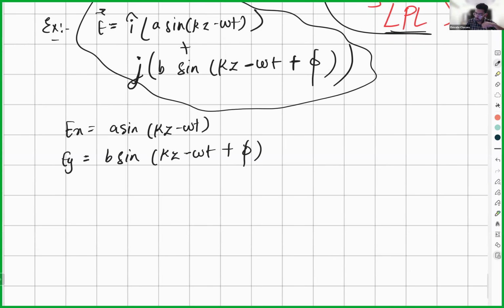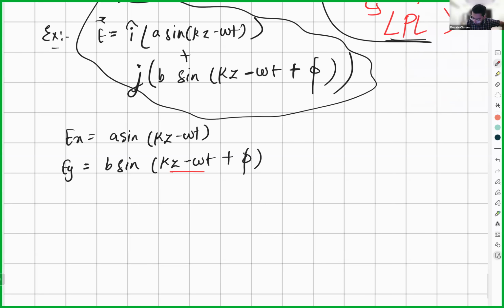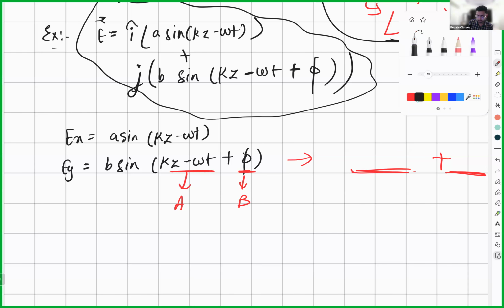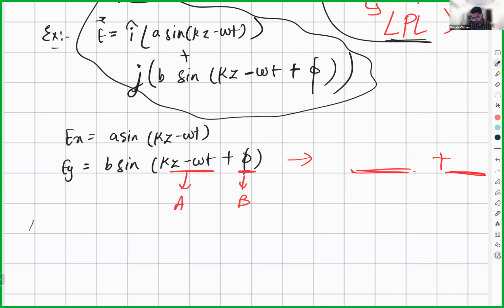So again, what I do is I treat this as A, treat this as B, open it up, you will have two terms. And you try to put Ex into the picture. Wherever you see kz minus omega t, you put it as Ex by A from the first expression, right? So this will eliminate the t. So basically what you have to do is eliminate t.